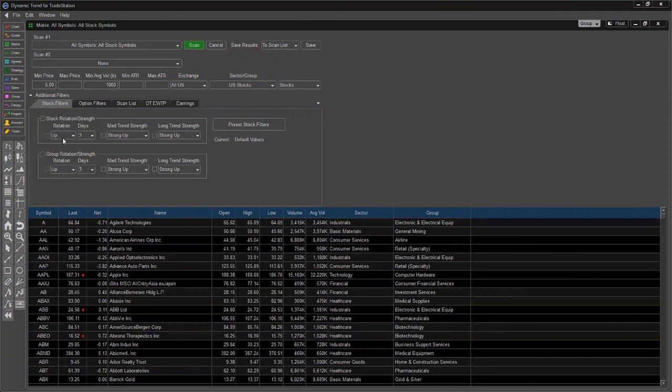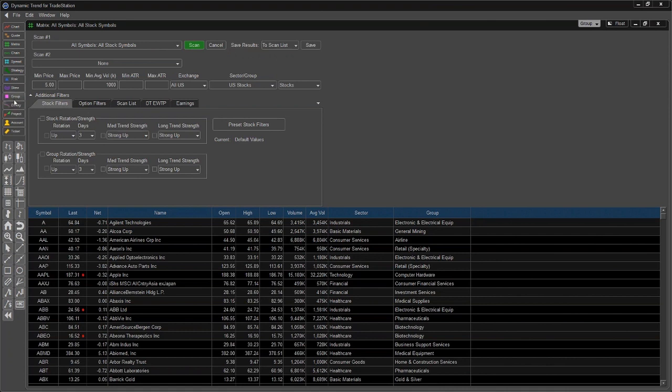For instance, the first tab that we're looking at, we can actually look for stock rotation strength and group rotation strength. And this deals with our group rotation tool, which identifies when a stock is inside of a group that's strong or a sector that's strong or weak.